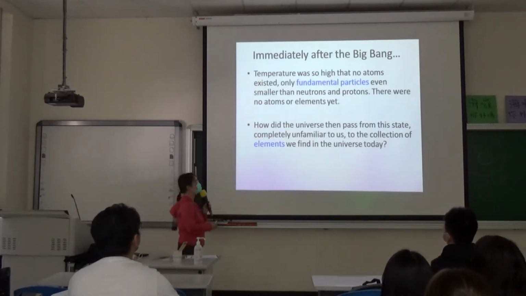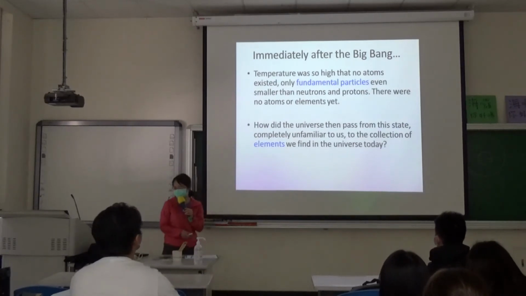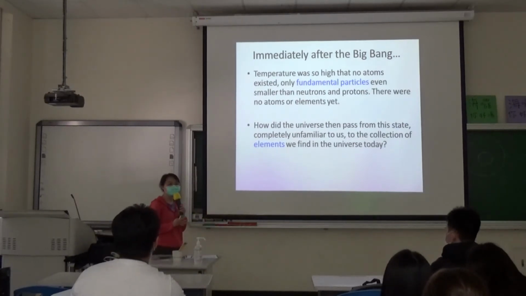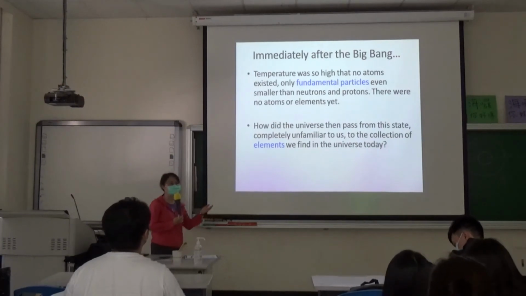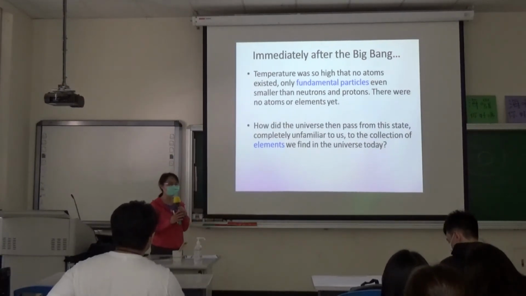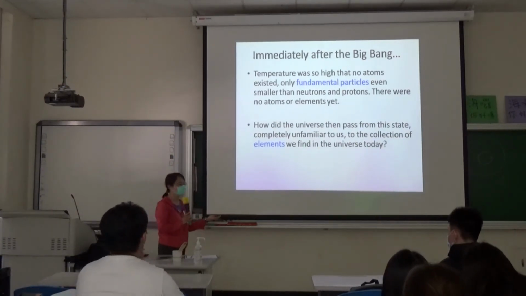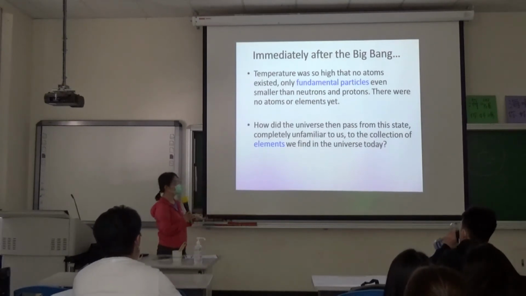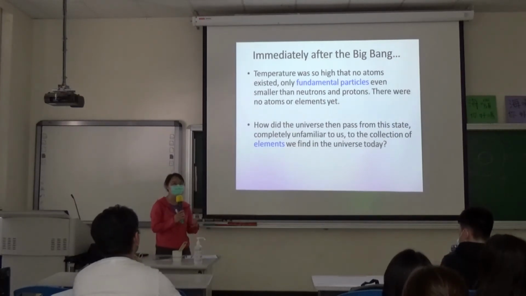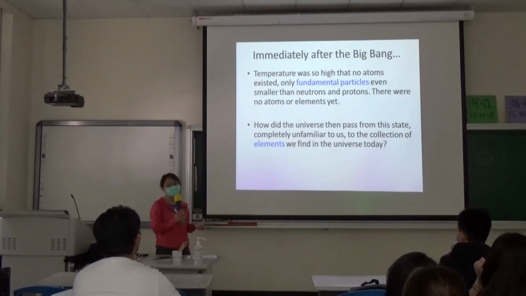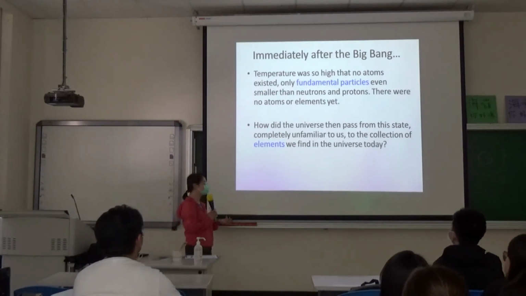Last week we talked about the Big Bang, and this is some imagination from scientists, but of course it has a scientific basis, mostly computer modeling. I don't know if any of you have read the book by Hawking, The First Three Minutes. It's a very famous popular science book.